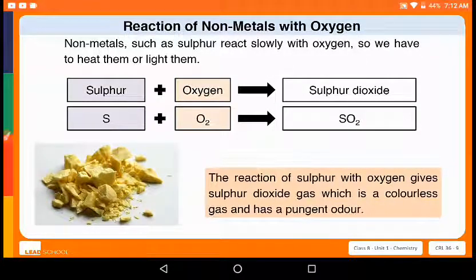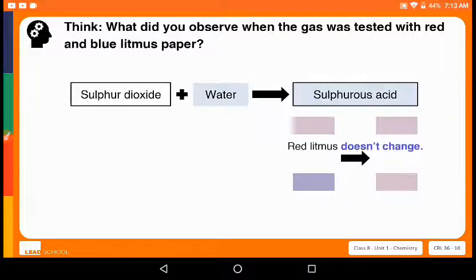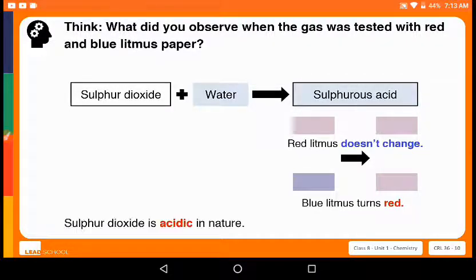The reaction of sulfur with oxygen produces sulfur dioxide gas, which is a colorless gas that has a pungent odor. What did you observe when the gas was tested with red and blue litmus paper? We observed that red litmus paper did not change, while blue litmus paper turned red. This shows us that sulfur dioxide is acidic in nature.